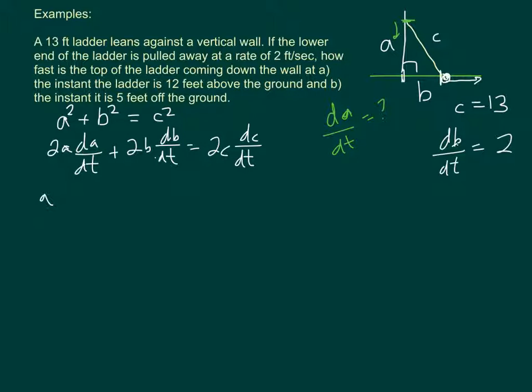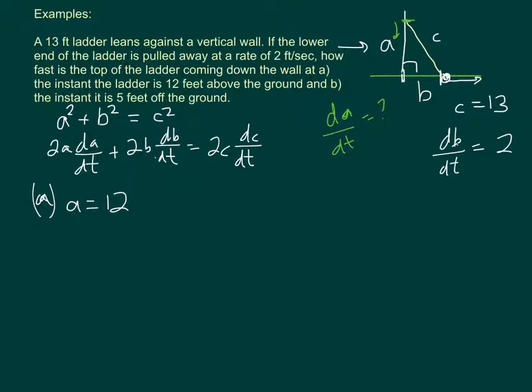Okay, so for part A in our problem, it wants to know how fast is the top of the ladder coming down. So our dA dt, the instant the ladder is 12 feet above the ground. Well, when it's 12 feet above the ground, our A is equal to 12. We know that our C is equal to 13.